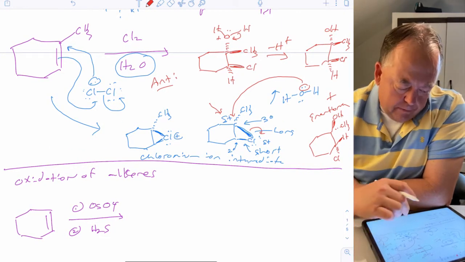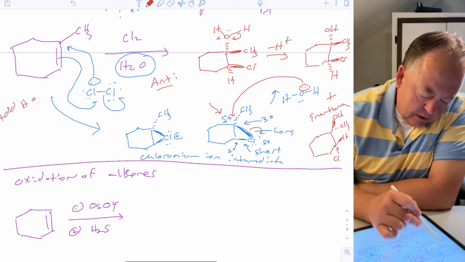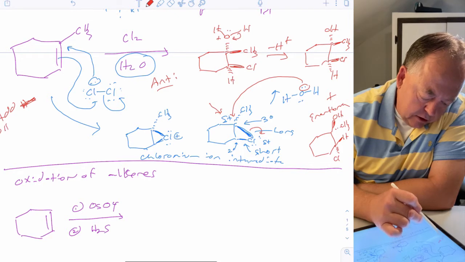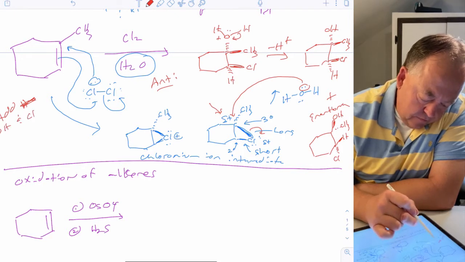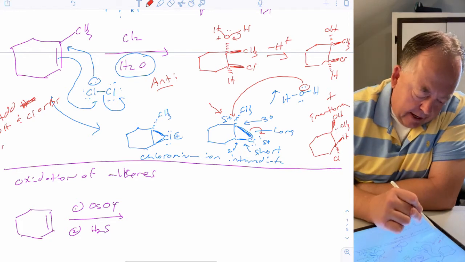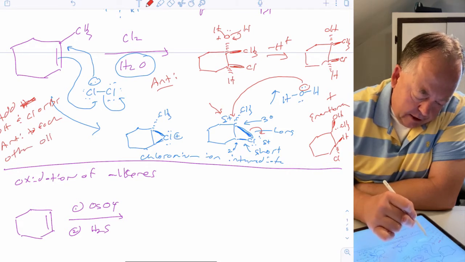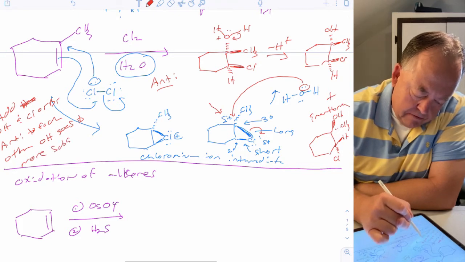Right, but the main point being is you add H, you add OH and Cl, or it could be Br if you use Br2 in water, anti to each other. And OH goes to the more substituted carbon.